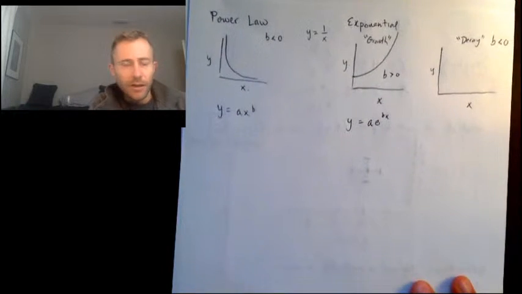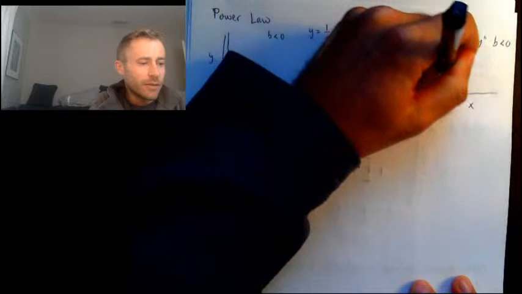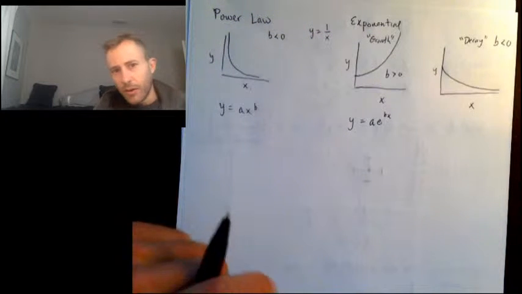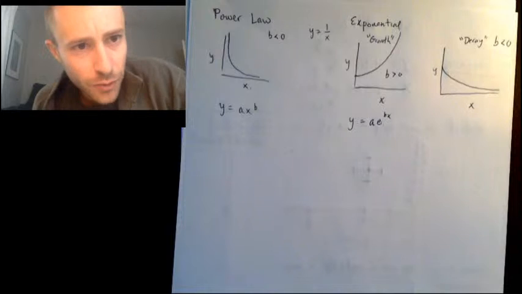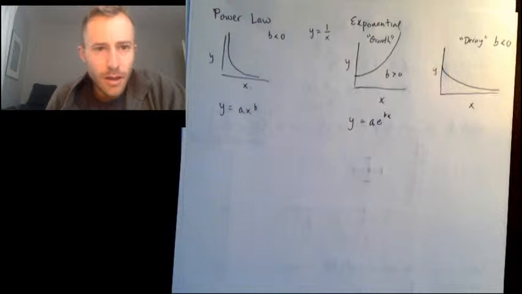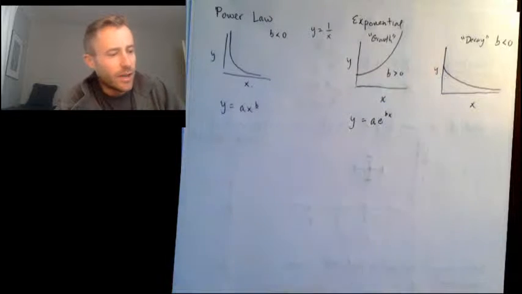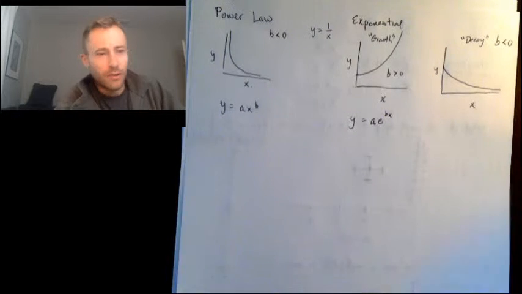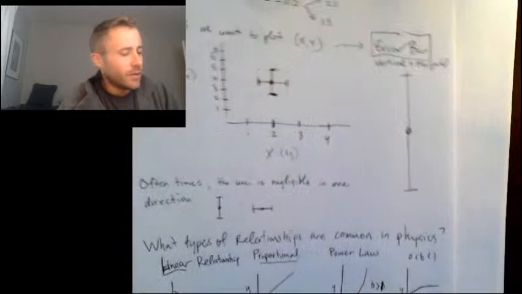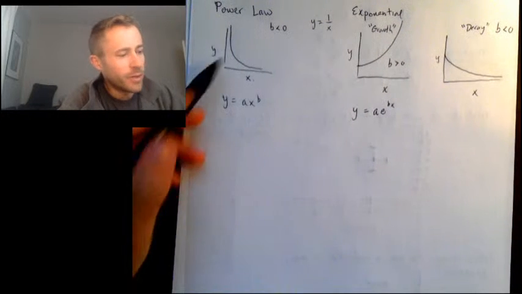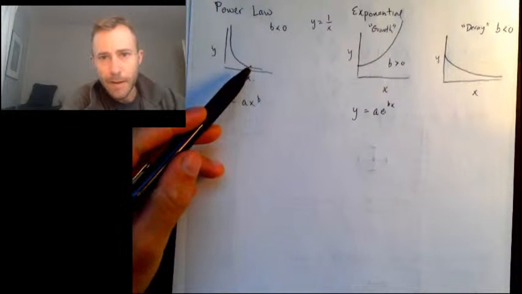Exponential decay looks like this. You can see that exponential decay looks a lot like a power law with b less than 0.